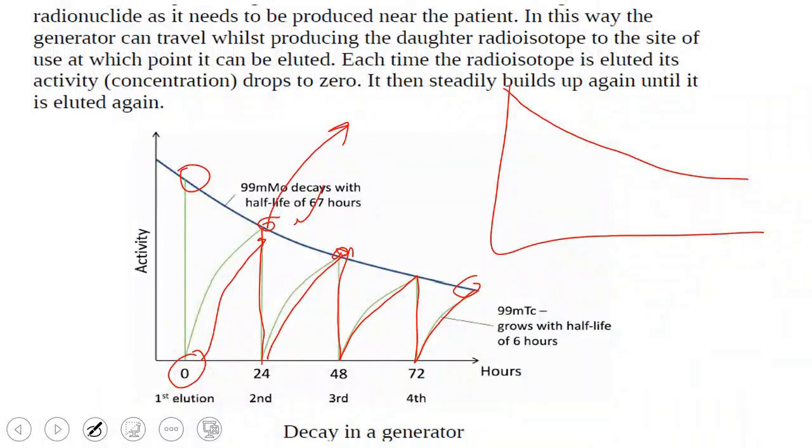If the generator's strength is 15 gigabecquerels or 10 gigabecquerels, some places might tell you that they will bring a generator that lasts for 2 weeks, meaning it will provide radioactive material for 2 weeks. So this curve is a bit prolonged with it. If the generator has weak activity, you will find it dropping to 0 quickly, so it might last only a week. Therefore, molybdenum is the parent for me, and technetium is the daughter.